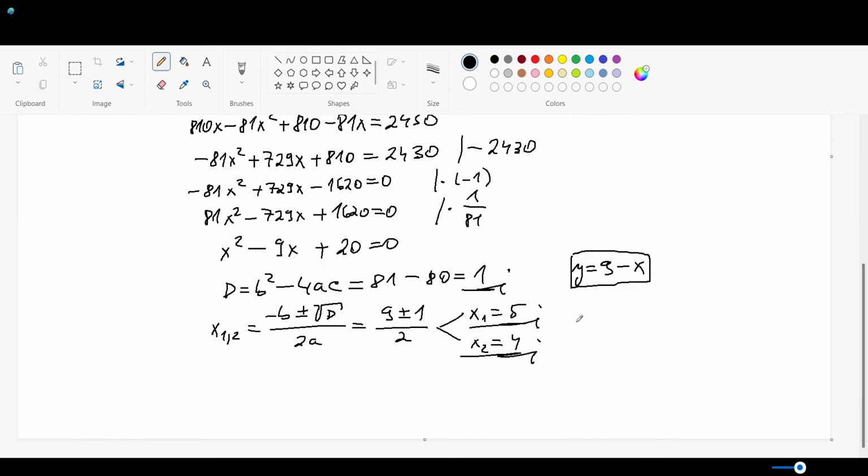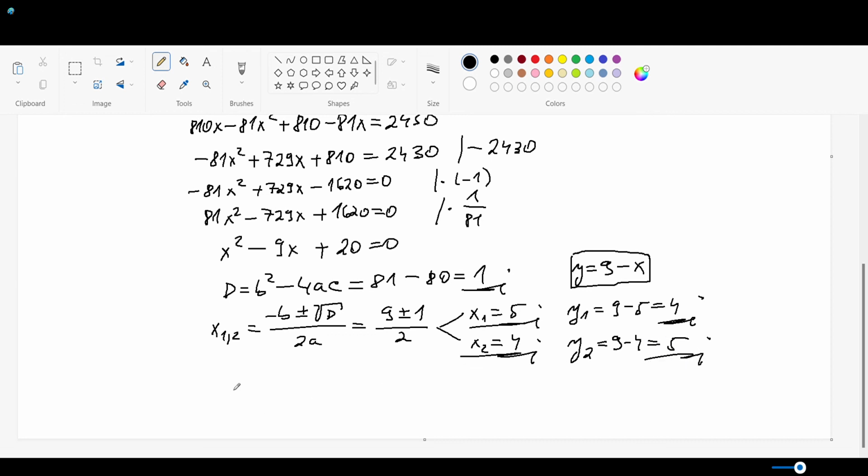Actually, what are we expecting? The situation here is 9 minus 5 equals 4. So these 2 digits will be simply swapped, which is quite clear why, and you can think about it. So my y2, or second y for second x, would be 9 take away 4, which is 5.